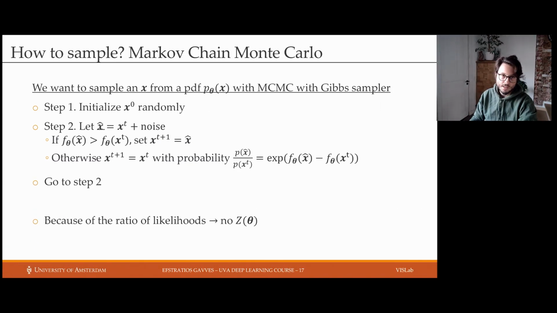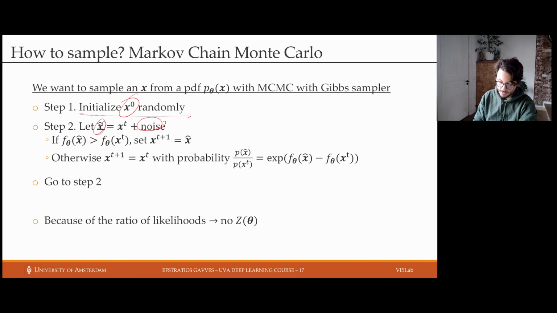Now, how is the sampling done? Well, we mentioned previously Markov chain Monte Carlo with Gibbs sampling. So basically, we have to initialize somehow, and let's call this our x0 sample. It might be good, it might not be good, it depends on the type of initialization. Then we add some noise, right? From some noise variable, and we can compute the probability of that new sample.